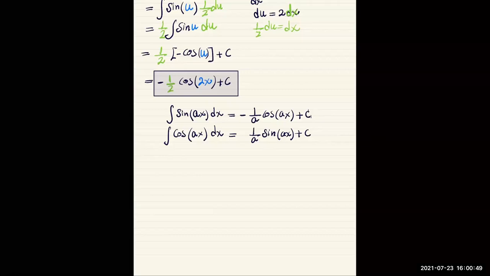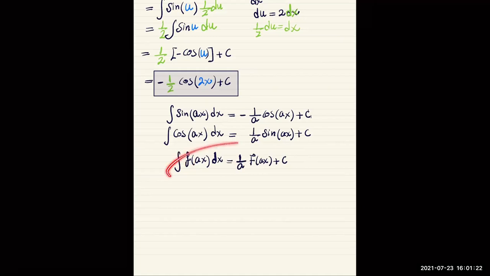Okay, and in general, the antiderivative of f of ax is, by substitution, always going to be 1 over a times capital F of ax, where capital F is the antiderivative of the little f.